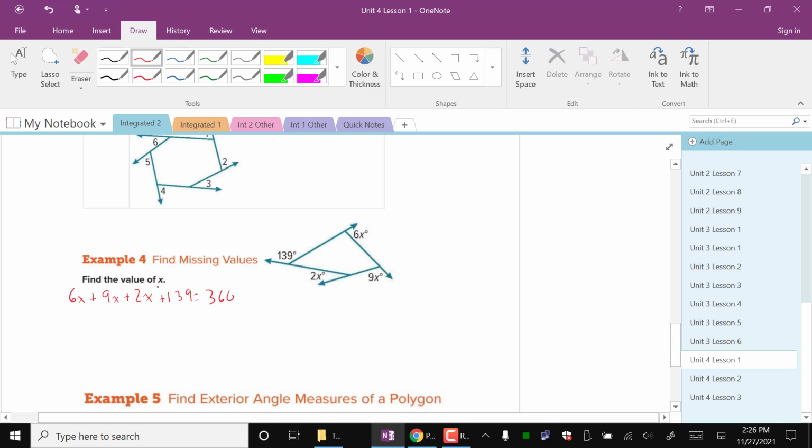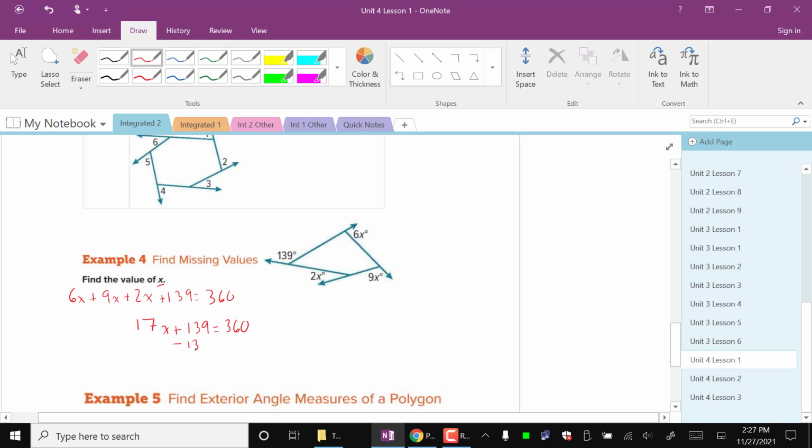Again, we're just solving for x, so I don't need to plug it back in. Add all these up: 6 plus 9 plus 2 gives me 17x plus 139 equals 360.